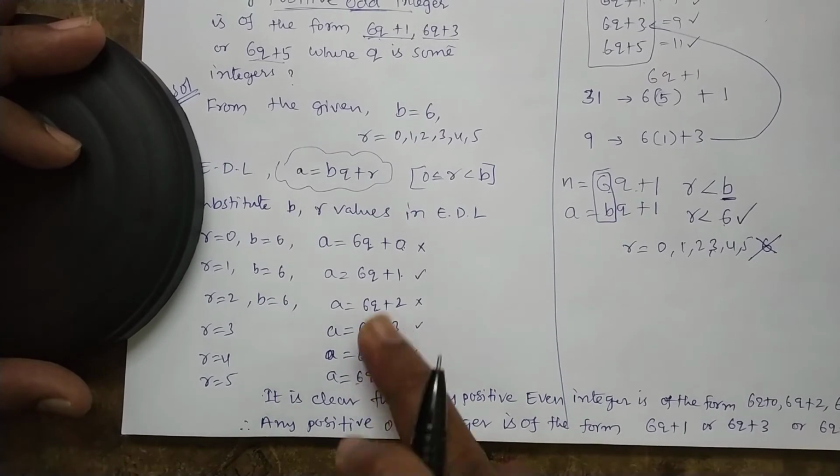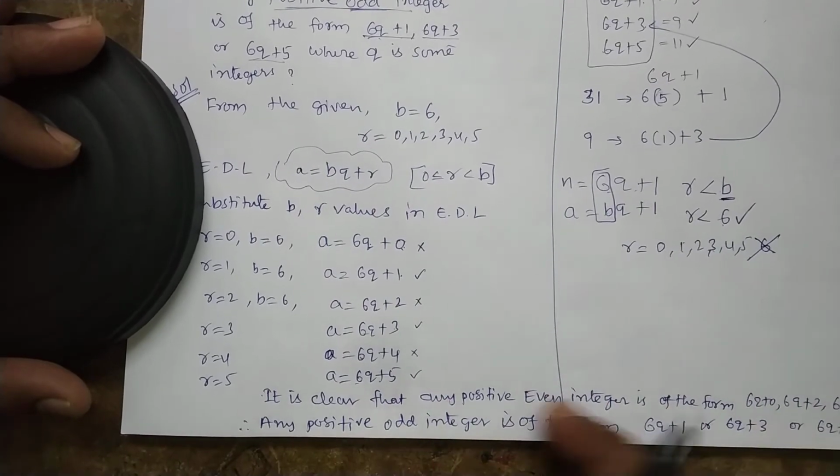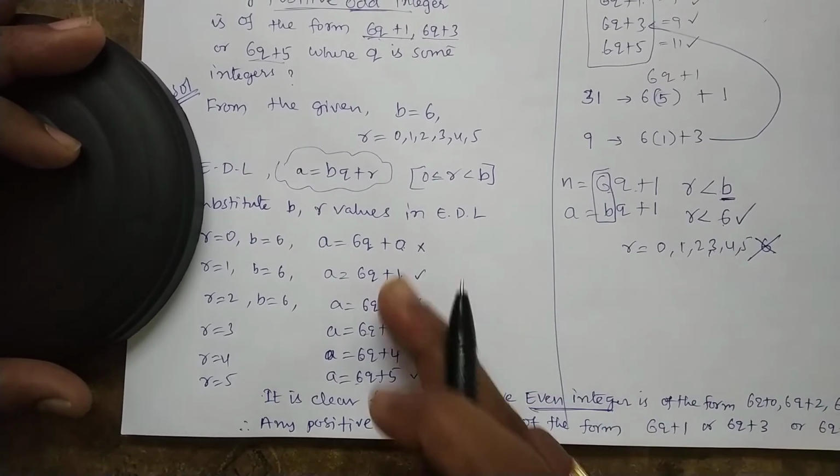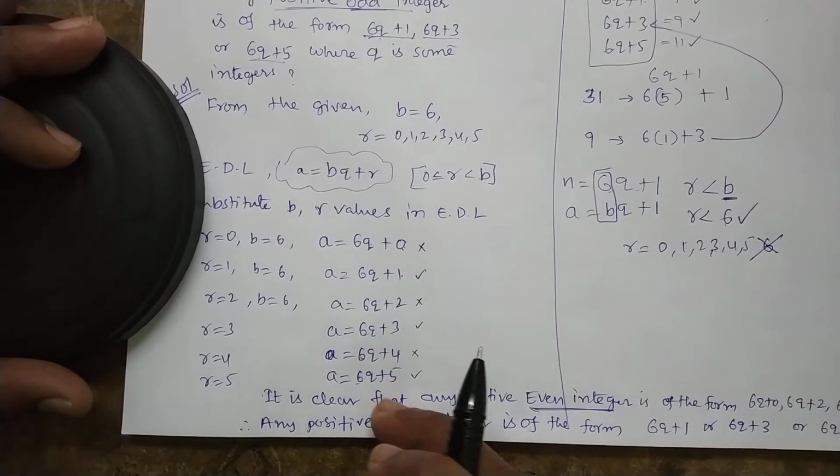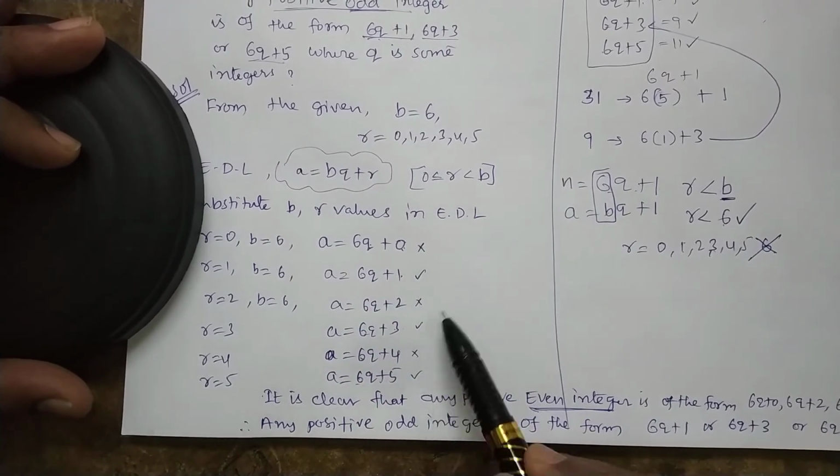So if these numbers are even integers, the rest are not even, but odd only. Remaining means 6q plus 1, plus 3, plus 5.